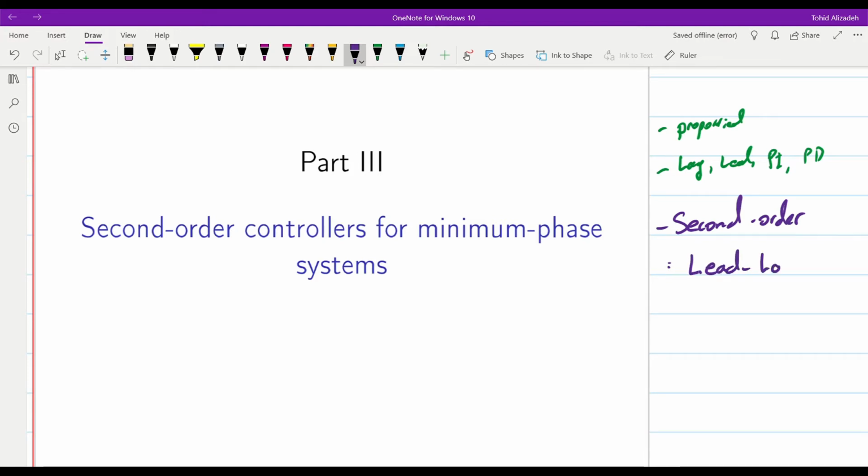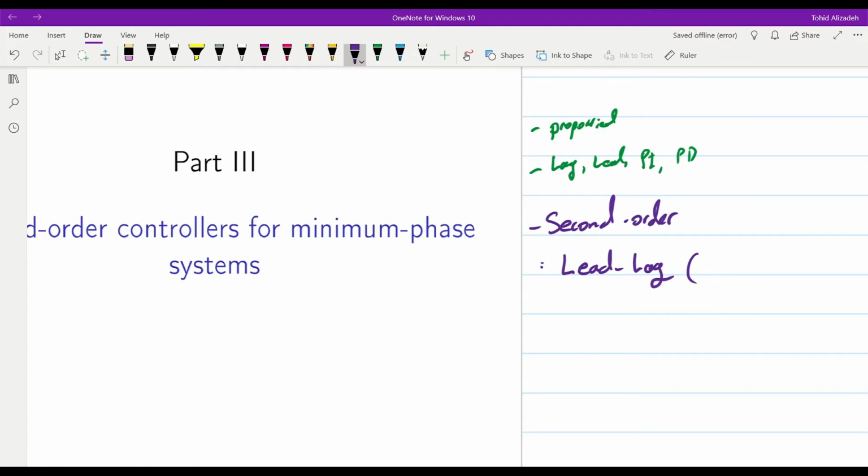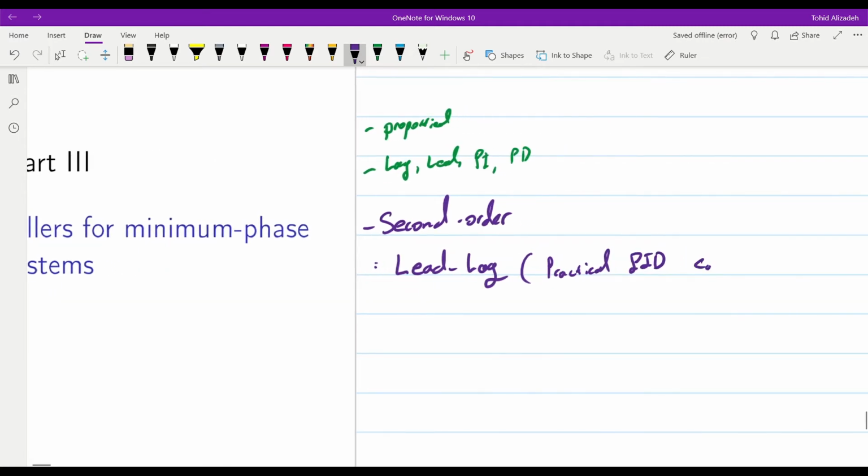lead lag compensator, which is indeed quite similar to a practical PID controller. The difference between the lead lag and the practical PID controller should be clear to you. In the case of a practical PID controller, there will be a pole of the controller at the origin.